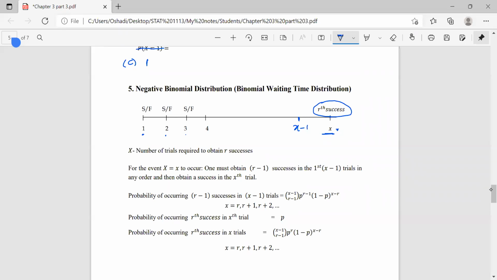From the first trial to the x minus 1th trial, there should be r minus 1 successes.